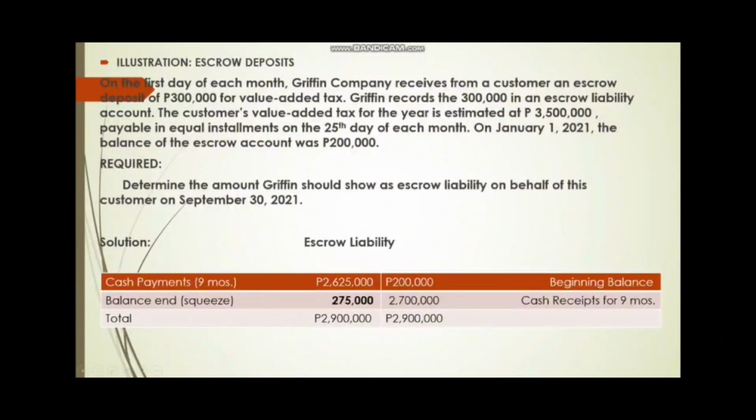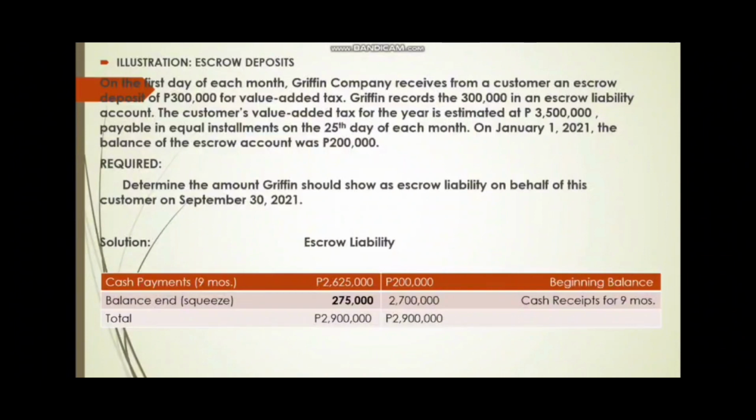Illustration, escrow deposits. On the first day of each month, Griffin Company receives from a customer an escrow deposit of 30,000 for value-added tax. Griffin records the 30,000 in an escrow liability account. The customer's value-added tax for the year is estimated at 3,500,000 payable in equal installments on the 25th day of each month.